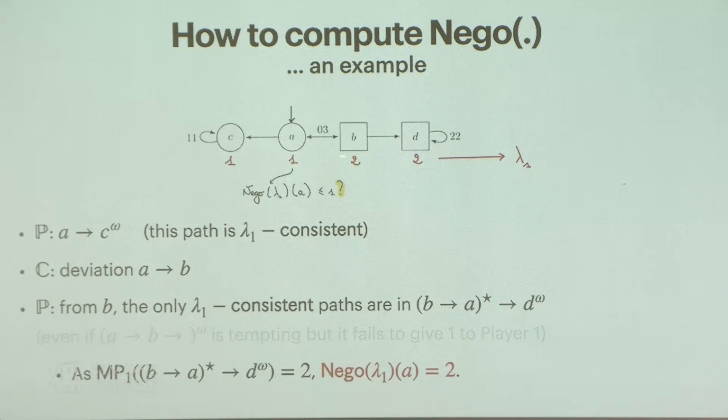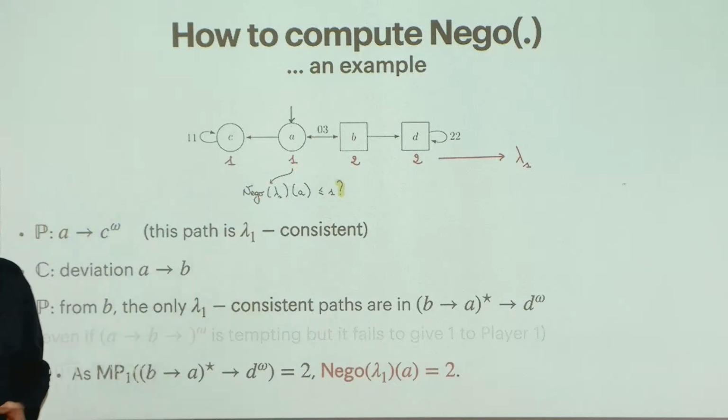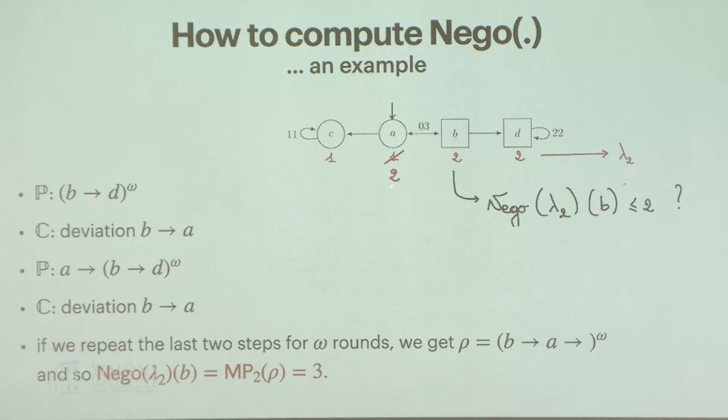And you can see that the only play that will allow getting 1 for circle and 2 for box is to go there. So he will go there, and the value that you get as player circle is 2. So he can indeed improve the value from 1 against a square which is playing rationally. And so we know that this value is 2. Then we can ask here, is it the case that the square can improve over the 2?